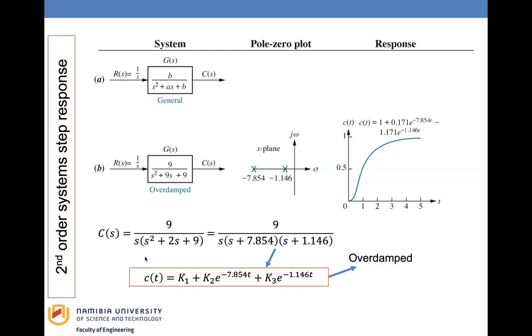We can easily write the response as c(t) equals K1 plus K2 e raised to the power minus 7.854 t plus K3 e raised to the power minus 1.146 t. This response is called overdamped.